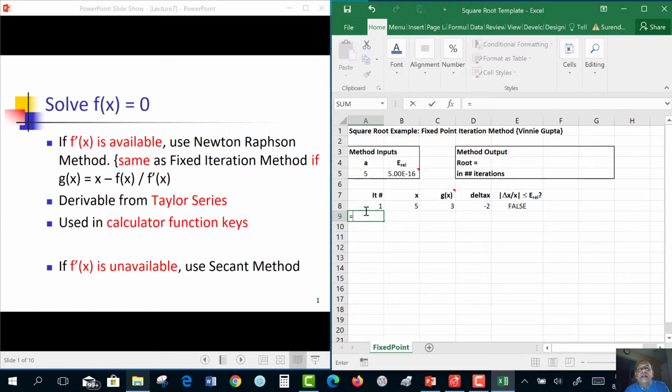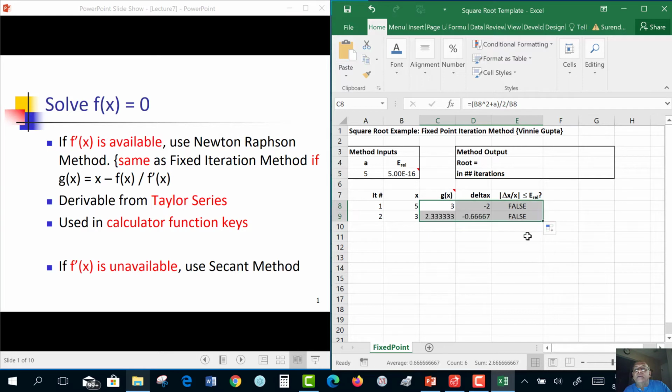So let's go ahead and increment the iteration counter, and our new guess is going to be g of x. So notice this was the initial values. We typed in formulas here equivalent to one row. So now we are going to copy these formulas down.